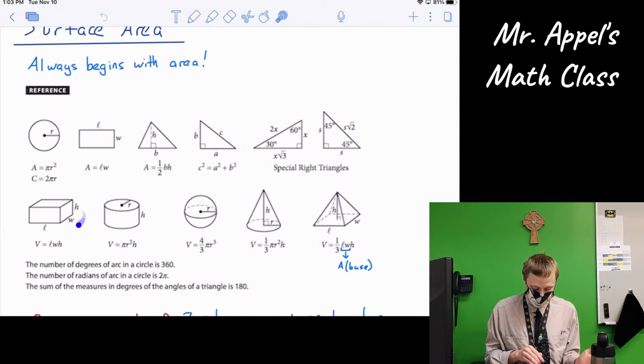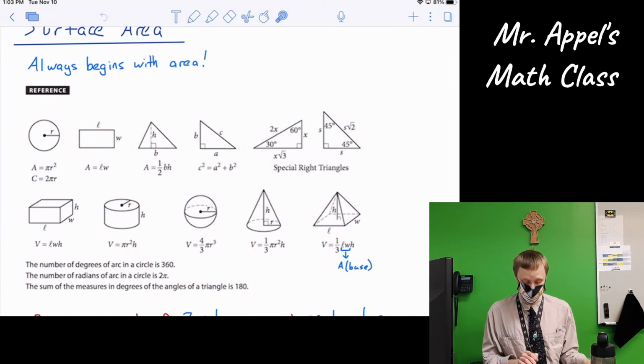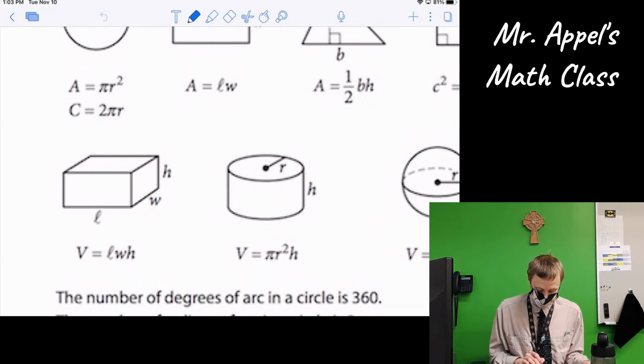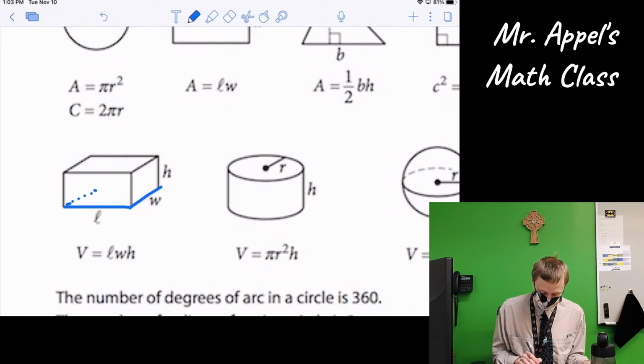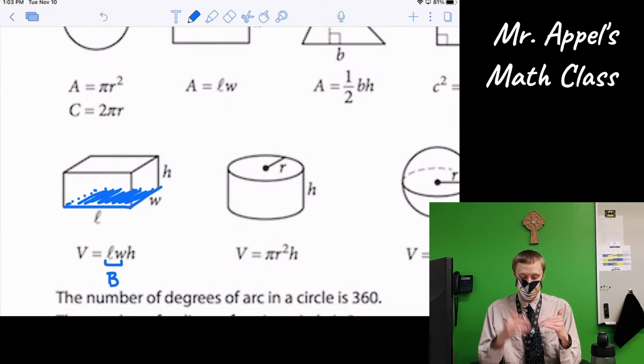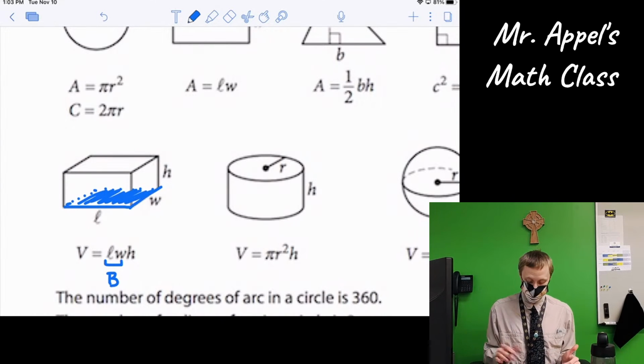So any prism doesn't just have to be a perfectly rectangular box. Think of the length, width, and you've got the hidden ones back there. This is your base. Length times width is the base, and you just multiply that by the height. Okay?